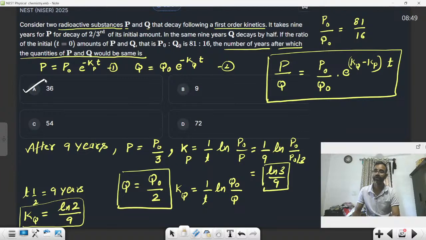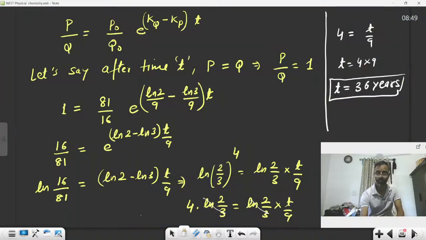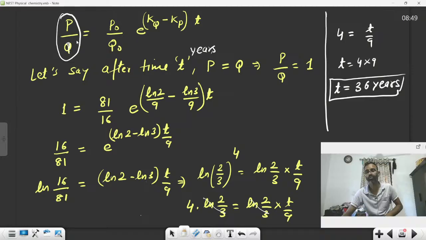That means after time t years, because t we have to calculate. So after time t years, P would be equal to Q, and that time we have to calculate. Got it? So P is equal to Q. Let us say if P becomes equal to Q after time t years. So that t years we have to calculate.